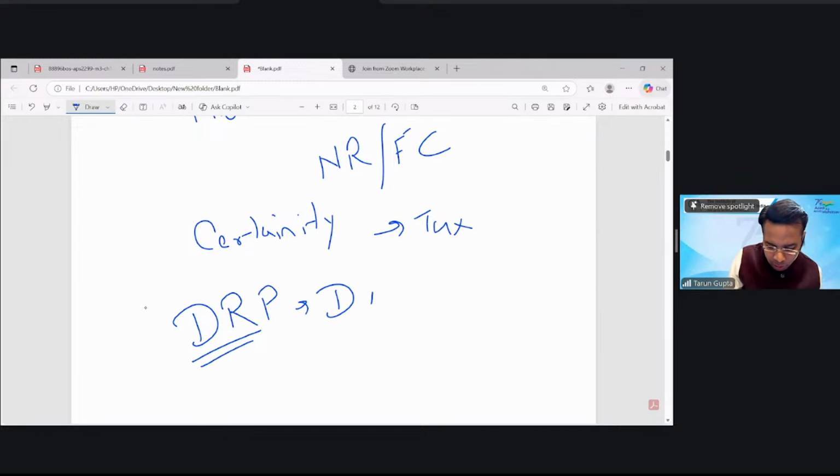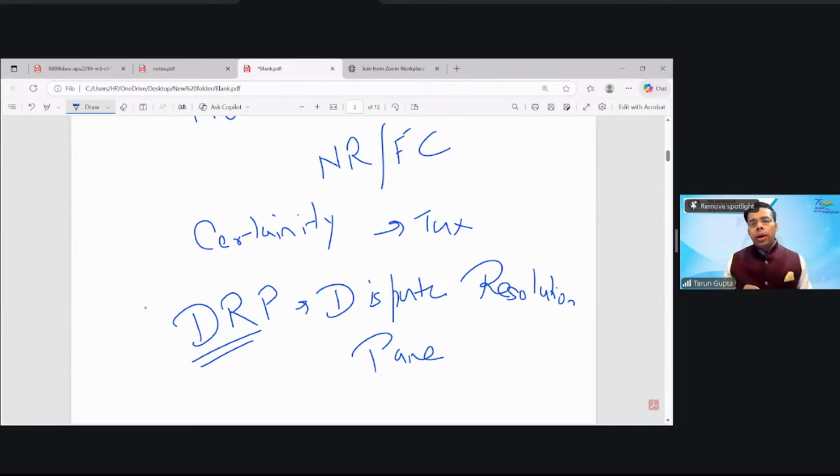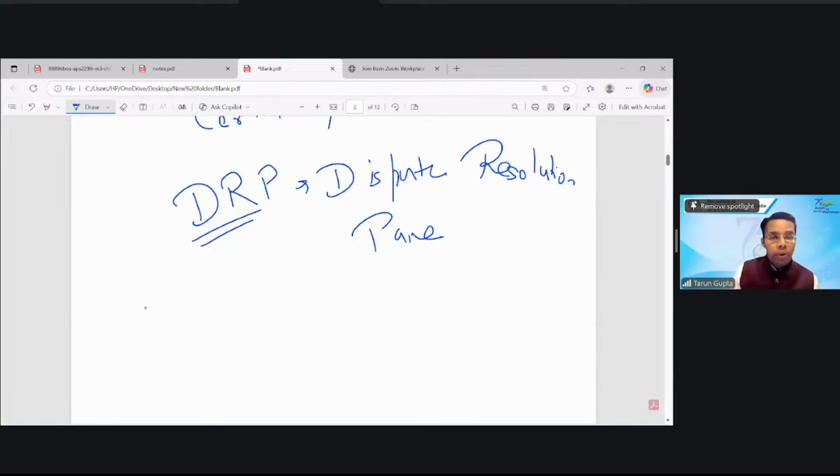This is the Dispute Resolution Panel. What is it? This is an alternative mechanism to resolve disputes only for foreign companies or entities. We will go into detail.